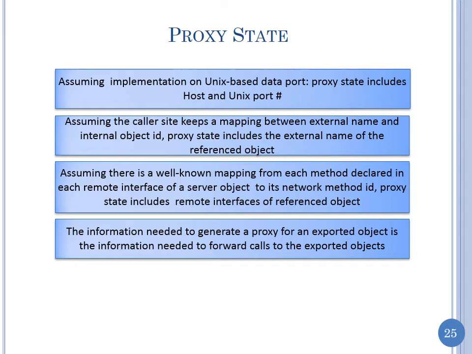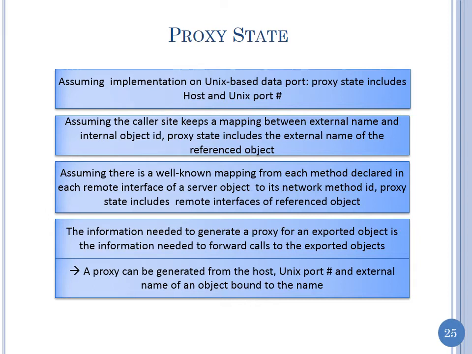So the persistent state of the object is what is needed to generate the object. The same set of information, host, port, ID, interfaces: given these three pieces of information, I can generate a proxy from that, because then I can correctly initialize the state.